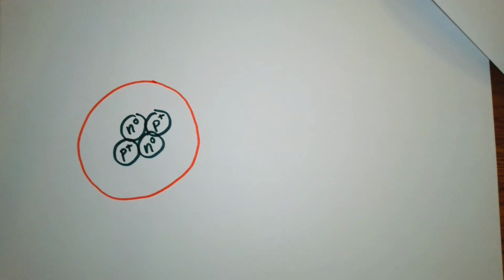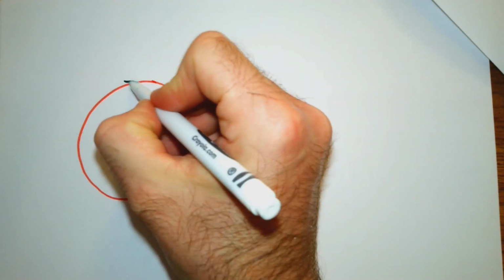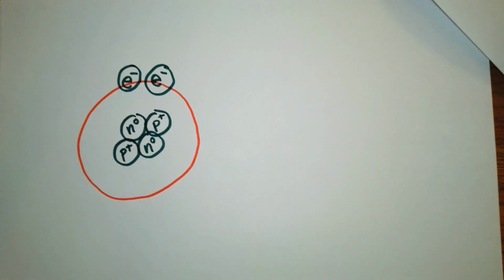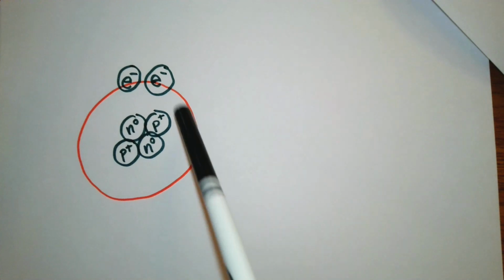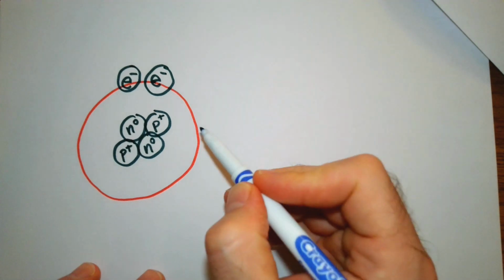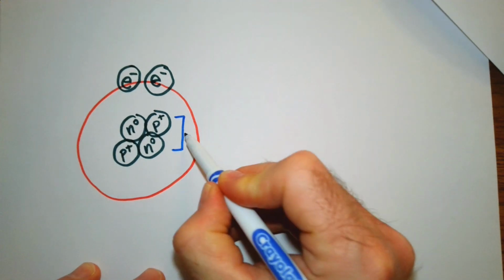That is where electrons are located. And electrons spin around orbits in various orientations.